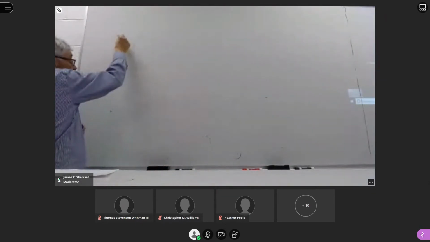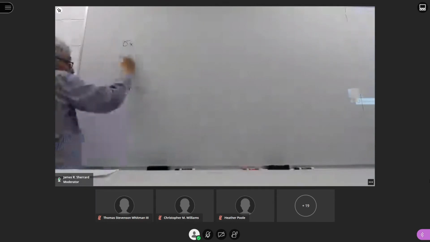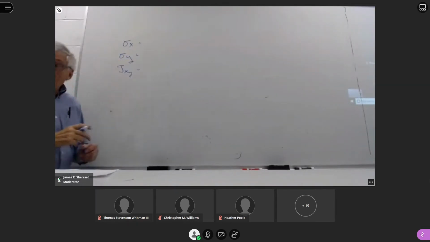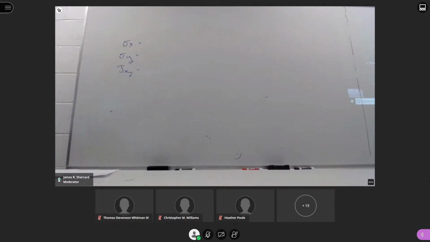Okay. Let one of you pick 3 values. And think about mixing up pluses and minuses. Don't do it the same way we did the other sample problem. Anybody? Give me a value for sigma x.